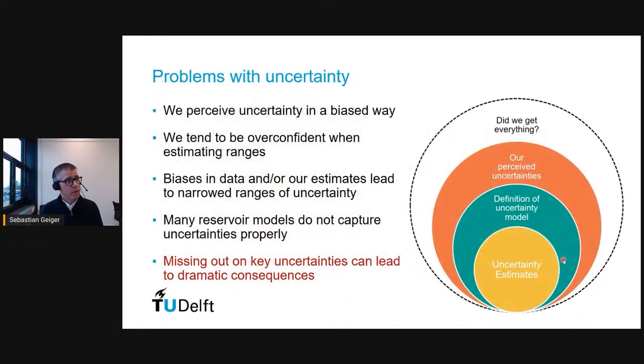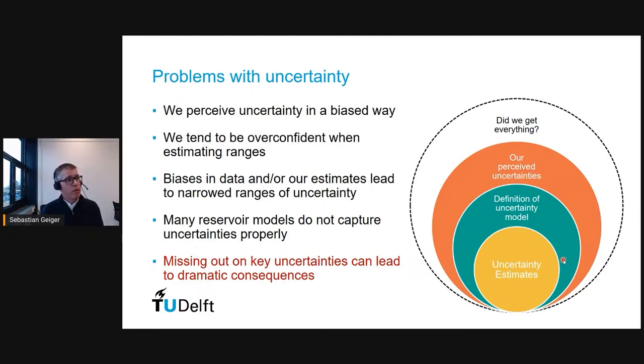The problem we face with uncertainty is that we perceive uncertainty in a very biased way. The first thing is we tend to be overconfident when we estimate ranges, ranges of permeability, ranges of porosity. There's always bias in our data, and our estimates tend to lead to narrow ranges of uncertainty.